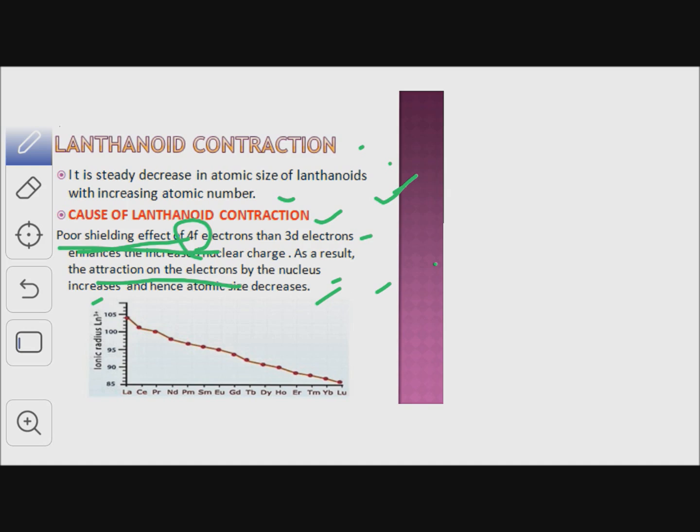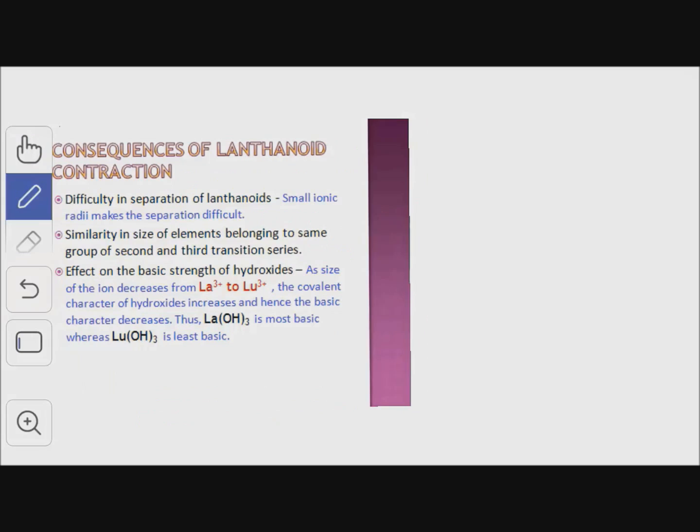This graph shows the atomic and ionic radii of the lanthanoid series, which decrease gradually or regularly when the atomic number increases. Consequences of lanthanoid contraction. First is difficulty in separation of lanthanoids.